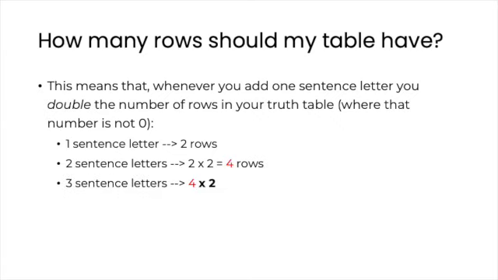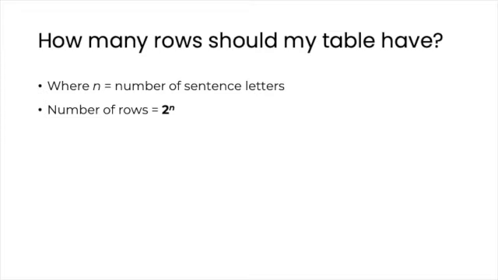With 3 sentence letters, you multiply the number of rows you previously had, that is 4 times 2, for a total of 8 rows. With 4 sentence letters, you multiply 8 times 2, and you end up with 16 rows. This relation can be expressed nicely and compactly in this way: where n is the number of sentence letters, the number of rows is 2 to the power of n.